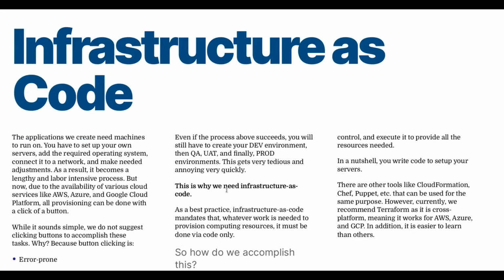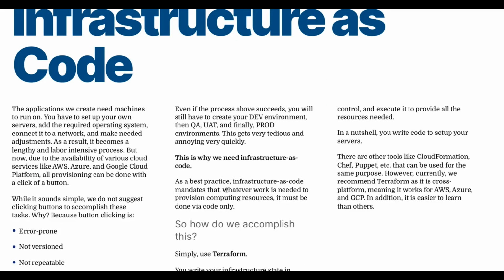So what does infrastructure as code mean? For example, currently we are using Terraform, an infrastructure as code tool. What Terraform does is that we simply write, in code format, the resources we need deployed in our cloud.